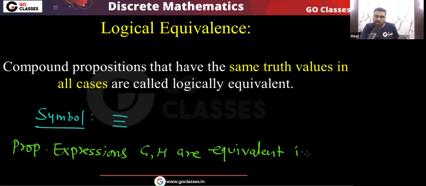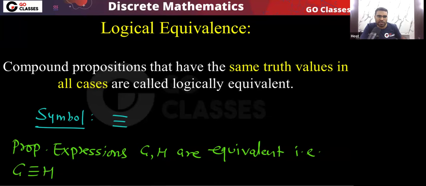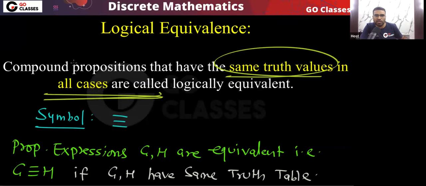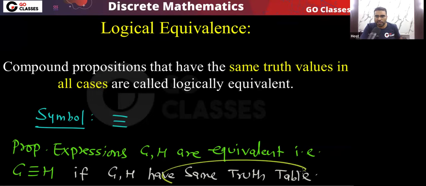So we denote it like this: G is equivalent to H. This is the symbol for equivalence. So remember, they will be equivalent if G comma H have the same truth value in all cases, the same truth table. Is this clear? Very simple.